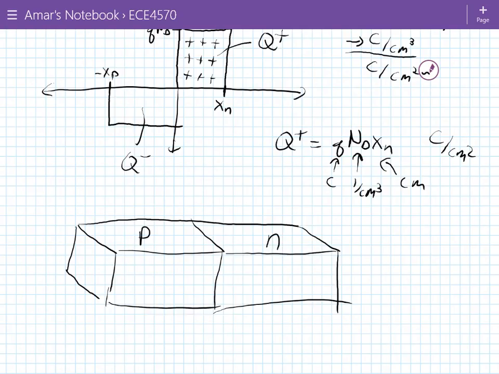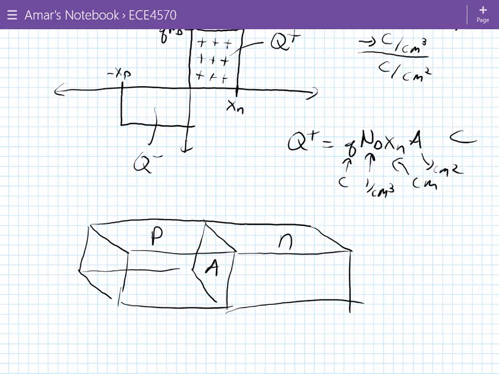The interface between them is where all the interesting stuff happens. So this area that separates the p and the n-type material is the area of the diode. To get the total charge, you also have to multiply by the area, which has the units of centimeters squared. And this will give you coulombs as the unit.